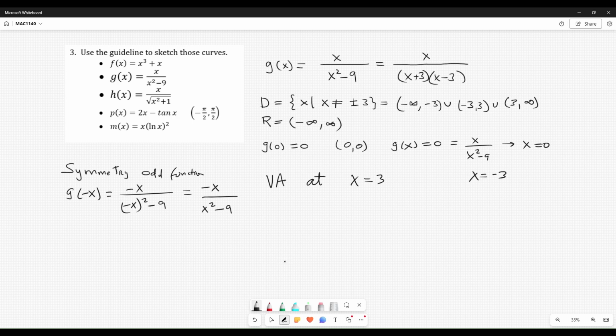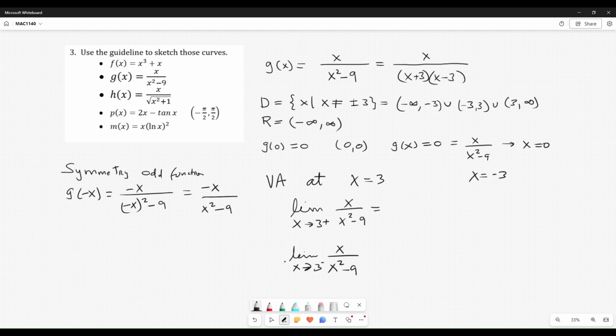To understand a little bit what is the behavior at these points, you can put the limit when x approaches 3 plus of our function, and also the limit when x approaches positive 3 but from the left.